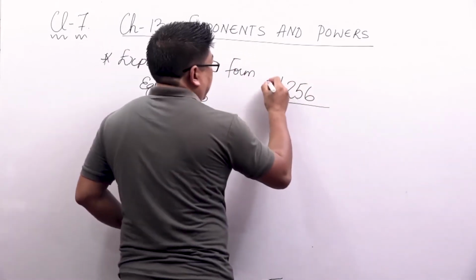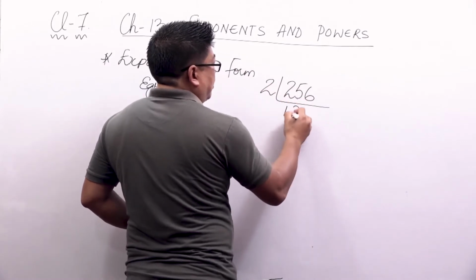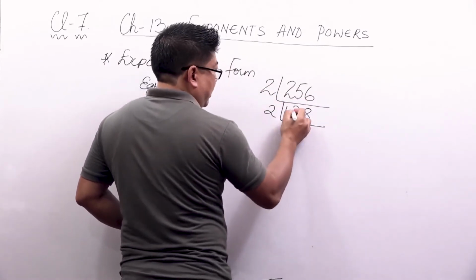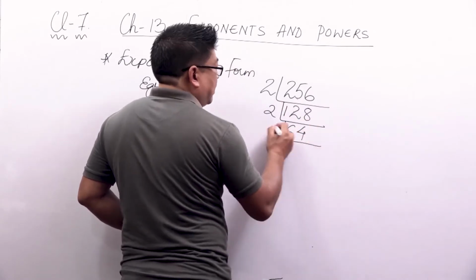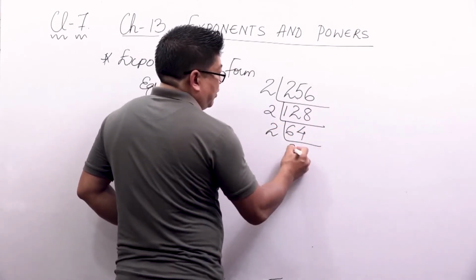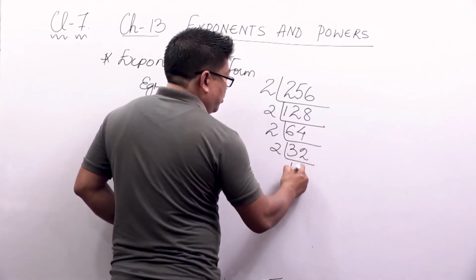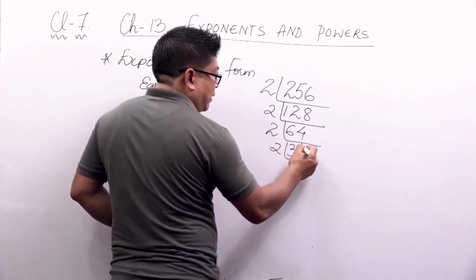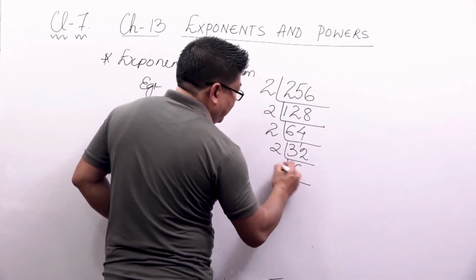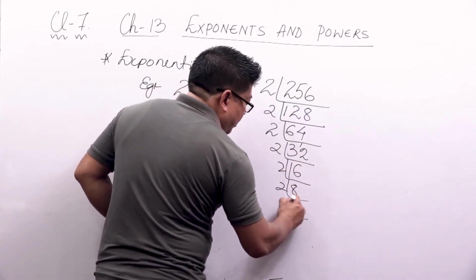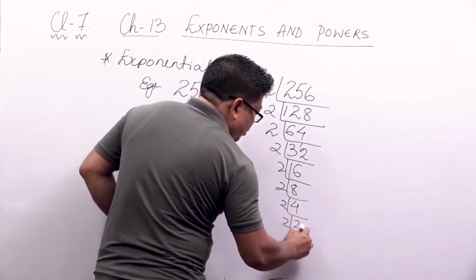2 into 1 is 2, 2 into 2 is 4, 2 into 8, 2 into 6 is 12, 2 into 4 is 8. Again take 2, 2 into 3 is 6, 2 into 2 is 4. Again 2, 2 into 1 is 2, 1 in hand, it becomes 12. 2 into 6 is 12, 2 into 8 is 16. Again take 2, 2 into 4, 2, 2, 2, 1.